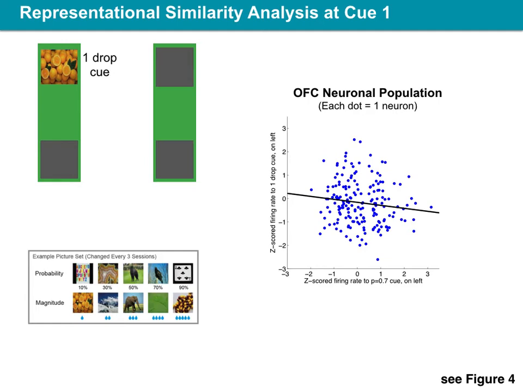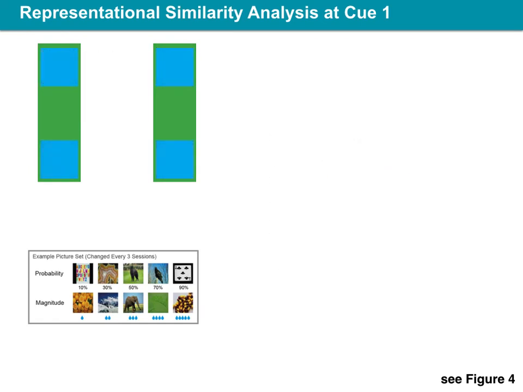We're calculating these correlation coefficients between different conditions, and we can then go ahead and repeat that procedure for all of the different possible cues and all of their different combinations, and we can use that to build up a matrix of correlation coefficients that shows us how similar the population response is to different cues when they're presented in different locations.